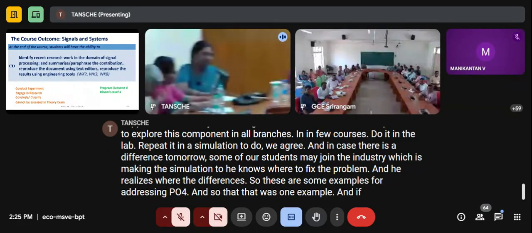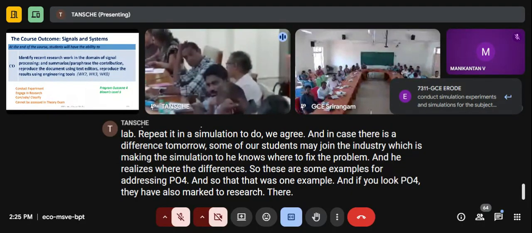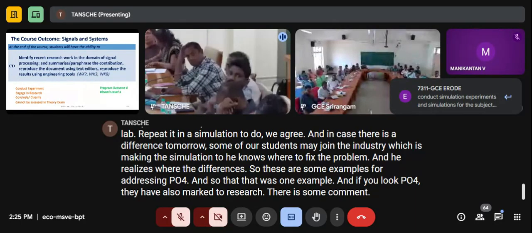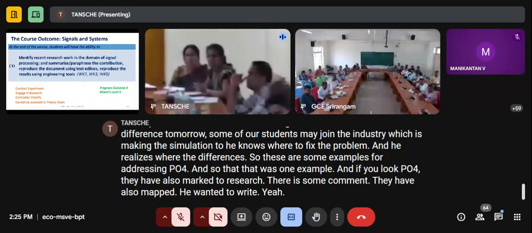And if you look at PO4, they have also marked research. There is some comment; they have also mapped it.